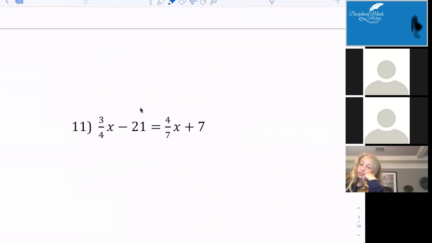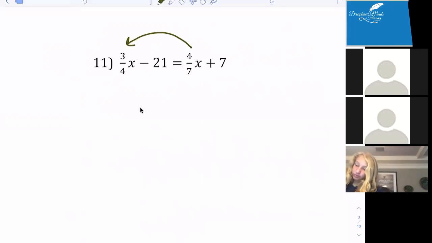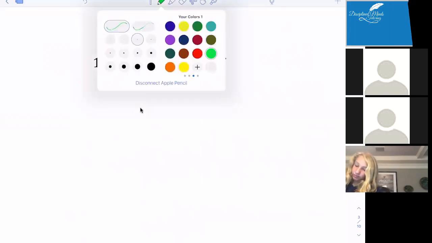All right, here we go. Let's everybody try 11. Uh-oh. We got some ugly fractions here. So again, I'm trying to do better with fractions for you. You got to be real careful. I want to move the 4/7 to the left. So we're going to do what?